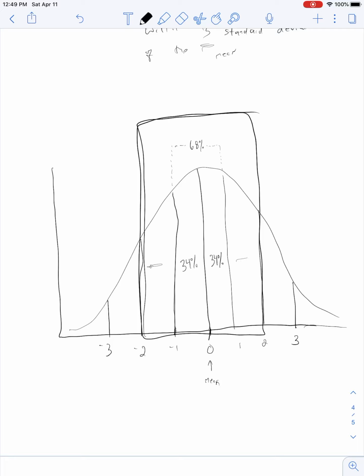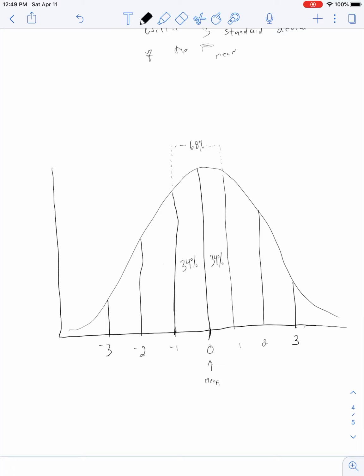And then to find each one of these, we divide that by 2. So that gives us each one to be 13.5. Now we see that this all here is our 95%.